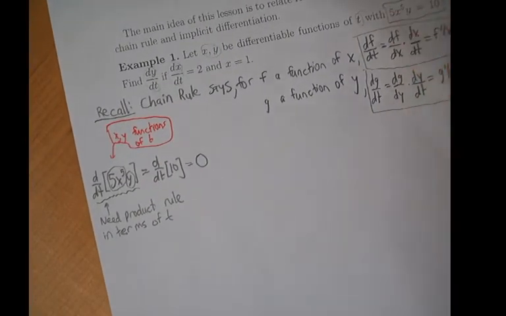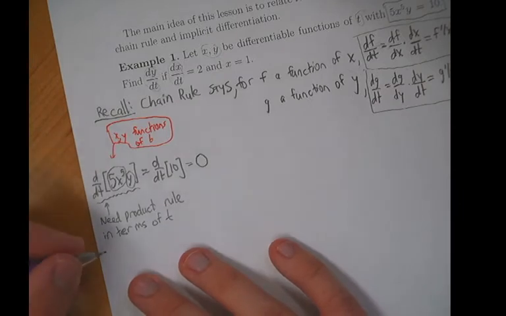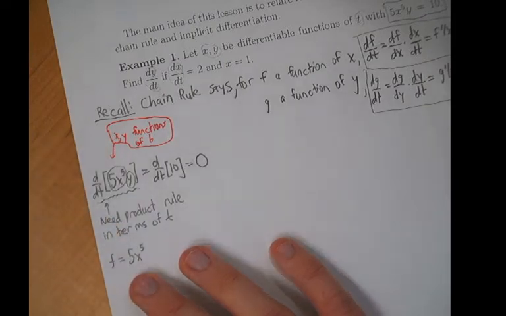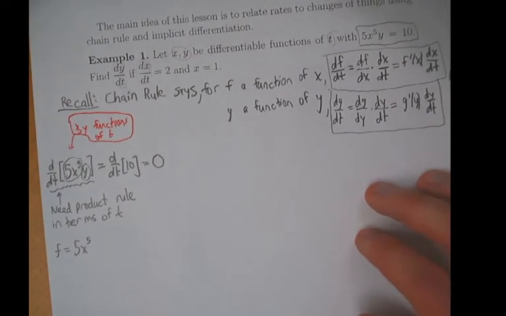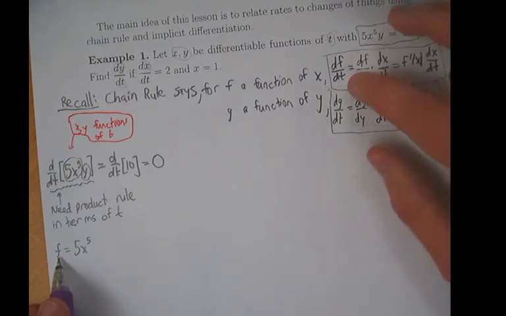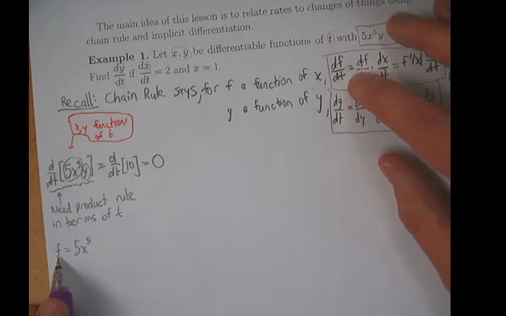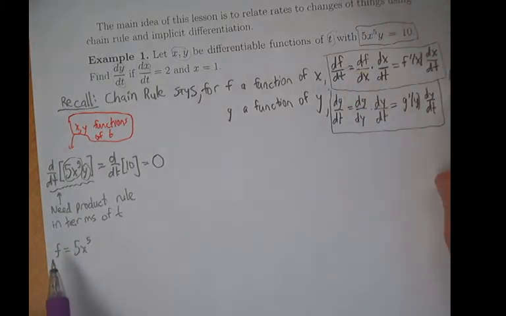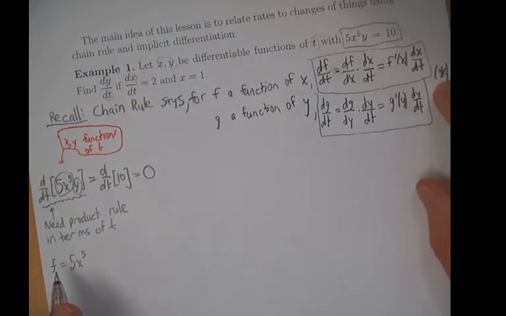Okay, so now we say, all right, so if we let f equal 5x to the fifth, then we ultimately want to find the derivative of this function f with respect to t. So in this case, we should probably use our chain rule here to figure out how to do that.